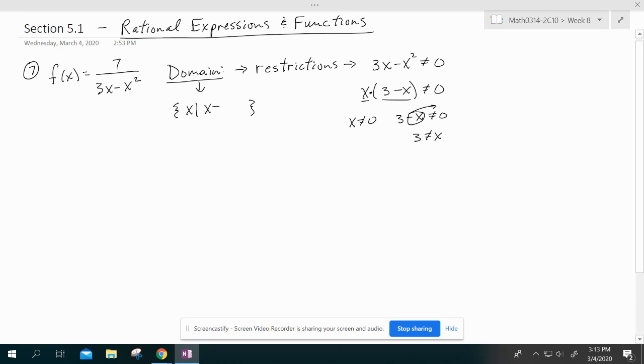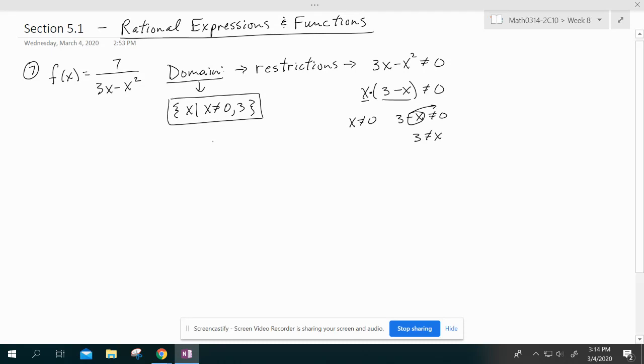Such that x is not equal to 0 and 3. And so that's the domain in set notation. And again, this basically says, hey, x can be anything but 0 and 3.